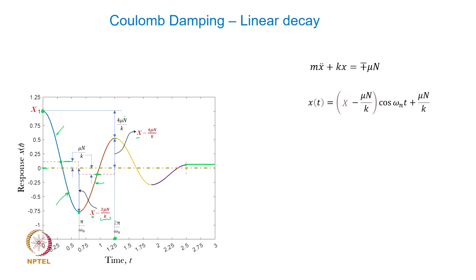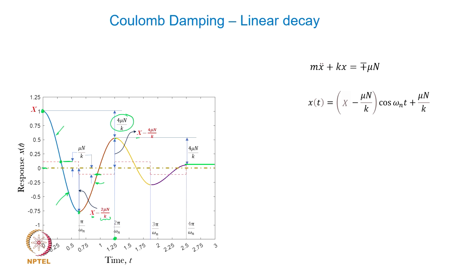And yes, after one cycle of oscillation the original amplitude drops by 4 mu n by k, and it is possible to show that in the next full cycle the amplitude will further drop by 4 mu n by k. So, the amplitude after 2 cycles will be x minus 8 mu n by k.